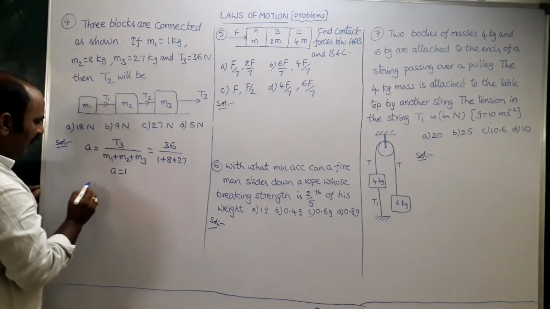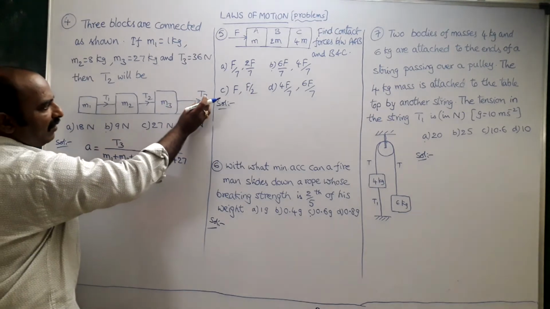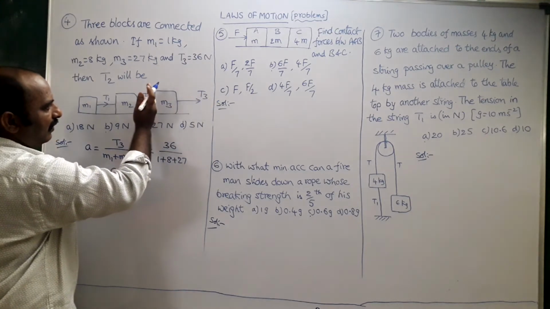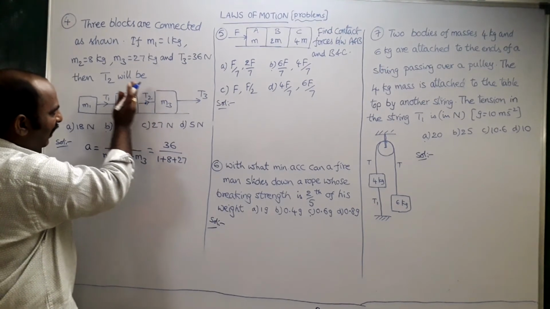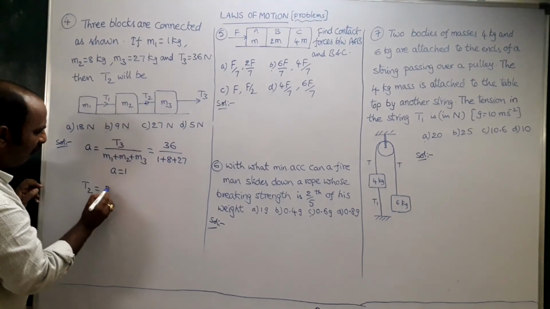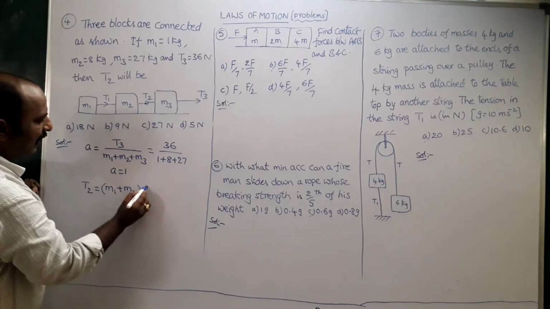You know T2 is written as, this is external force. From this side we want the tension here. That's why the remaining mass m1 plus m2 into acceleration.